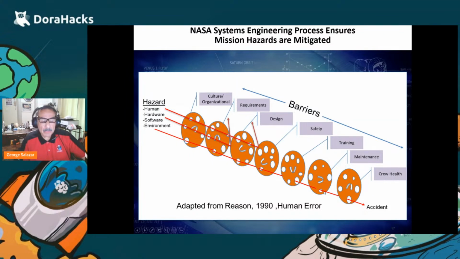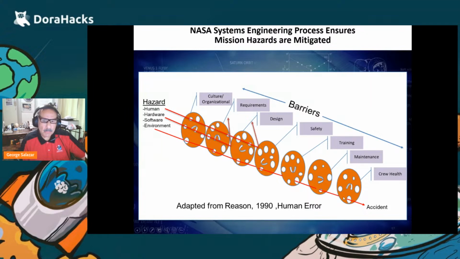If you think about some of the accidents that have happened over the years, airplane accidents, ocean-going vessel accidents, if you look at the accident report, you'll see that there are many things that were associated with why that accident happened.